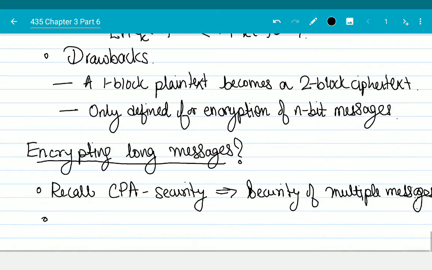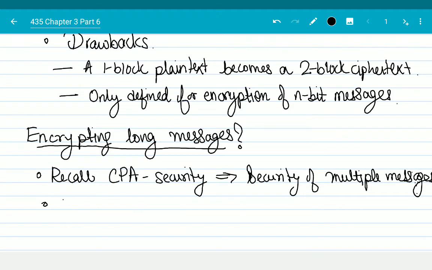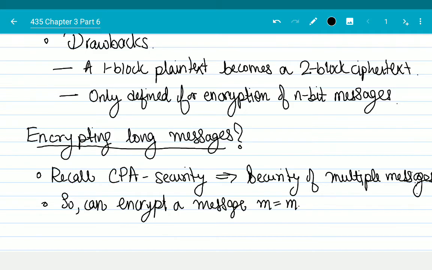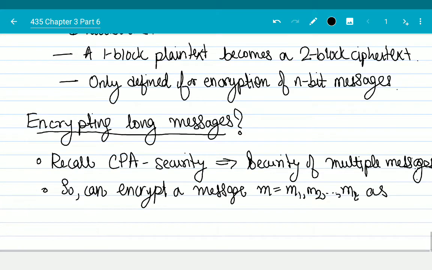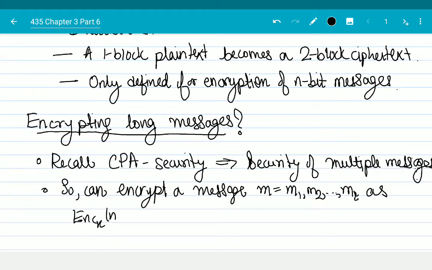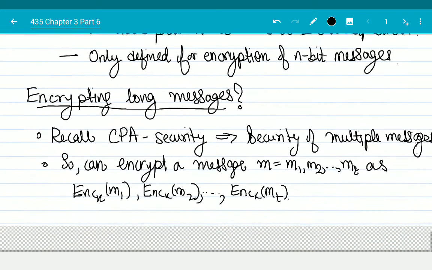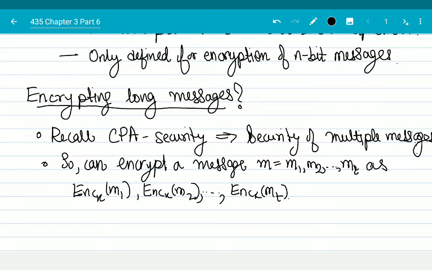And so what we do is encrypt a message m equal to m1 m2 through mt as encryption k of m1, encryption k of m2, through encryption k of mt. Okay, and this is also going to be CPA secure.